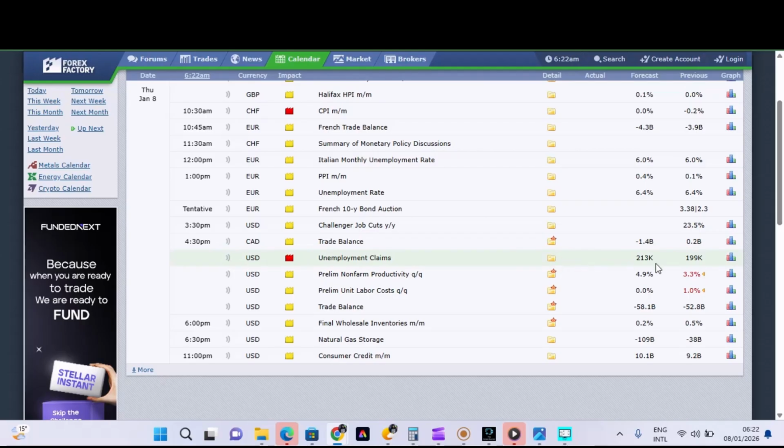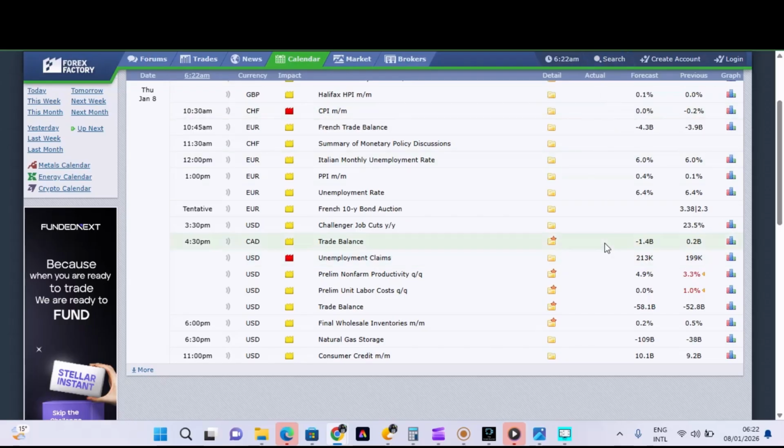East African time. The previous data was 199k people claiming they are unemployed. The forecast is that 213k people are anticipated to be unemployed.